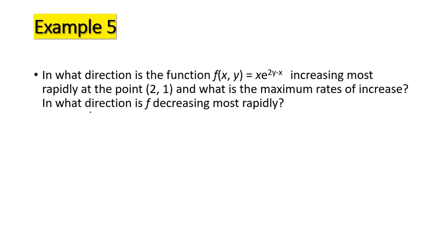Okay, example 5. In what direction does the function f(x,y) equal to x squared y minus x increase most rapidly at the point (2, 1)? And what is the maximum rate of increase? In what direction is f decreasing most rapidly?